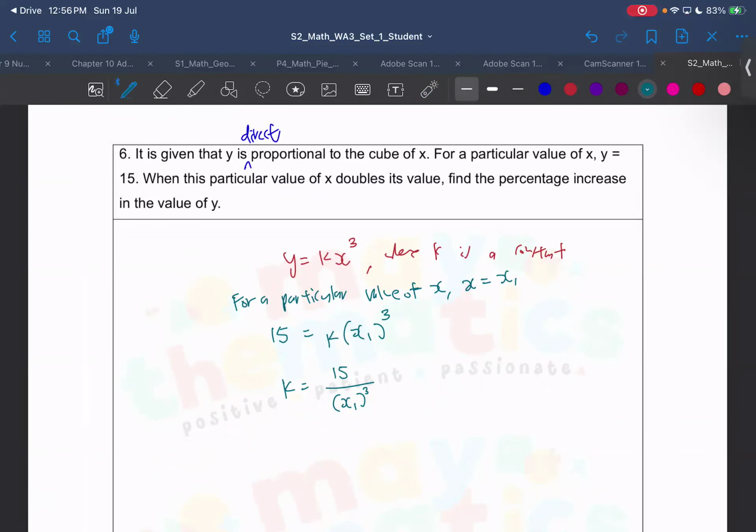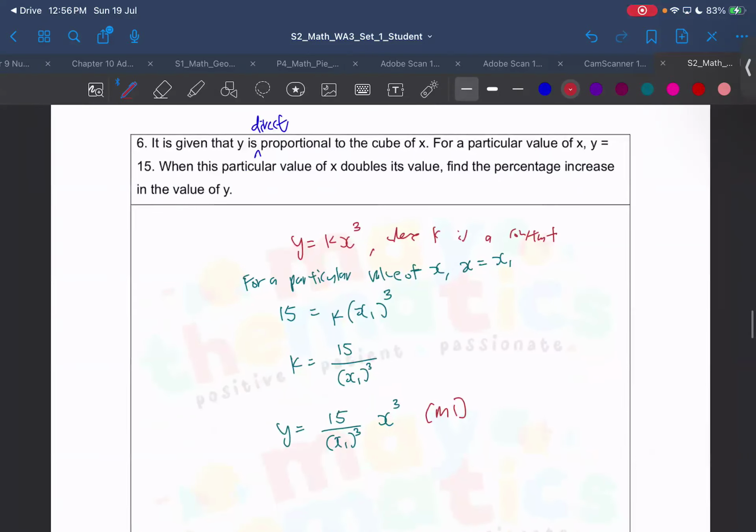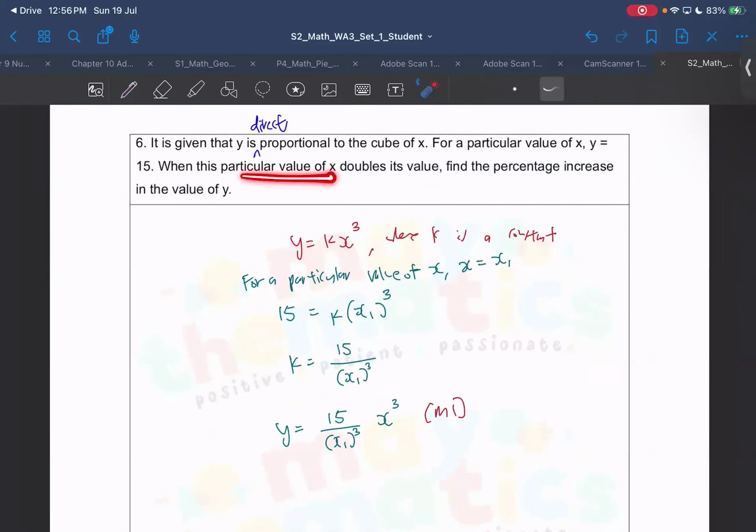So now that you found your k, you rewrite your general equation. Anyone lost at this point? Can you follow or not? I'm only putting the number for k back into my general formula. So this is 1 mark. Now the question says when this particular value of x doubles its value.